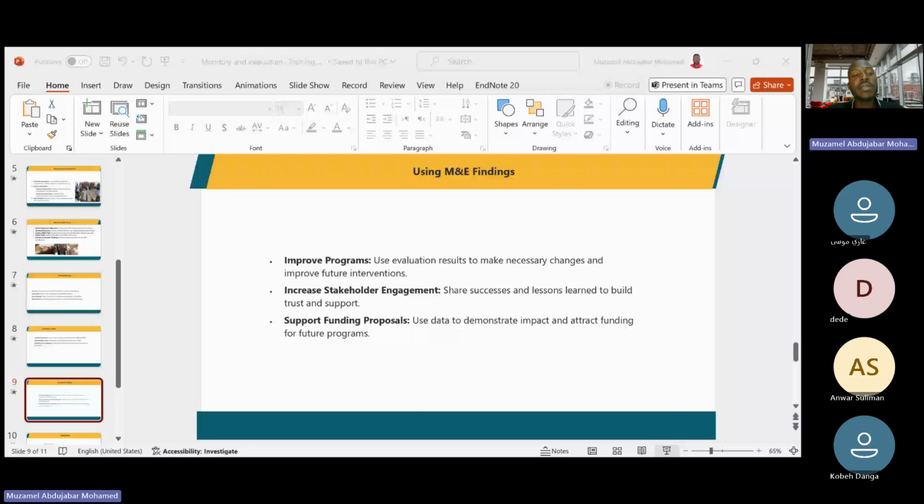Second, increase stakeholder engagement. Increasing stakeholder engagement means to share the success story.